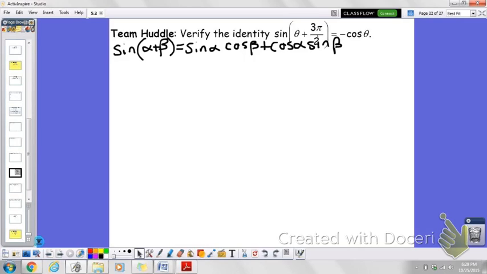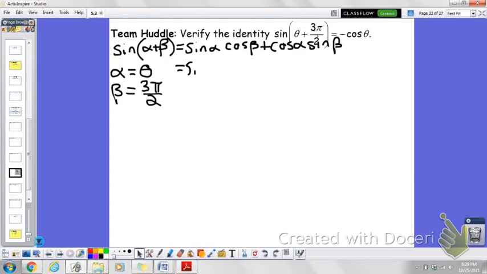Now we need to know what alpha and beta are. Alpha is equal to theta. Beta is equal to 3 pi over 2. And remember that our goal is to get to a negative cosine of theta. So let's go ahead and substitute what we can.